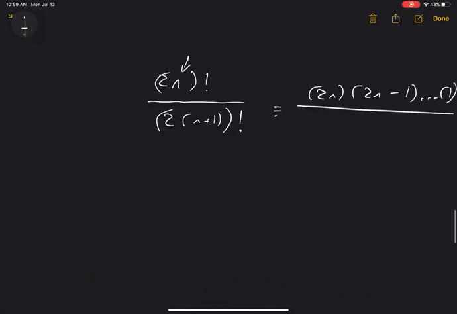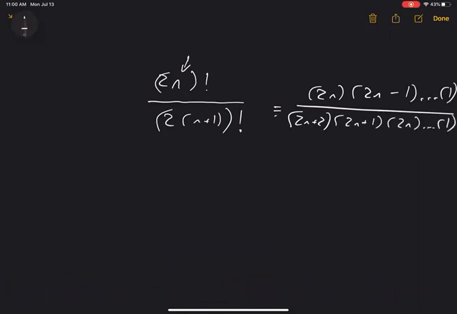In the denominator I have 2 times n plus 1, then the factorial. So the first term in the denominator would be 2n plus 2, and the next step would subtract 1. I get 2n plus 1, and then 2n, all the way down to 1.